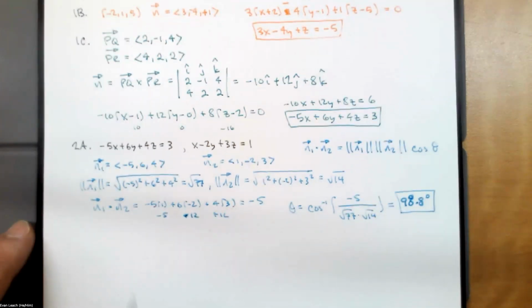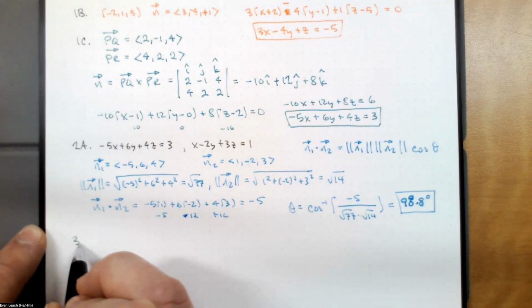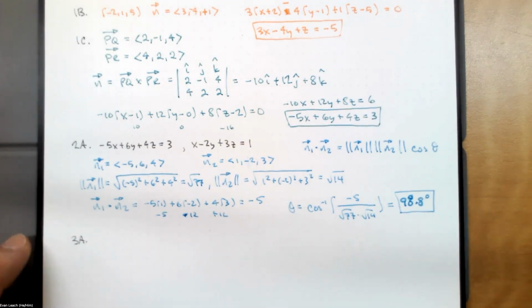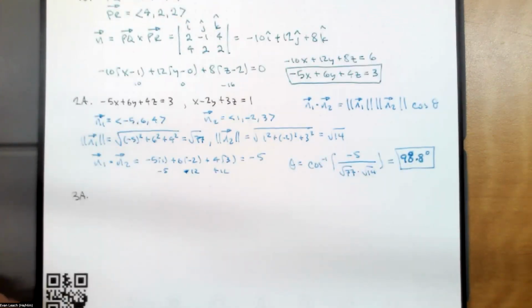In 3A, we are asked to show that A cross B is orthogonal to A, or perpendicular to A. I introduced the cross product. The point of this cross product is to find a vector that is perpendicular to both of the vectors in the product, both of the factor vectors. That's how I sold you on the cross product.